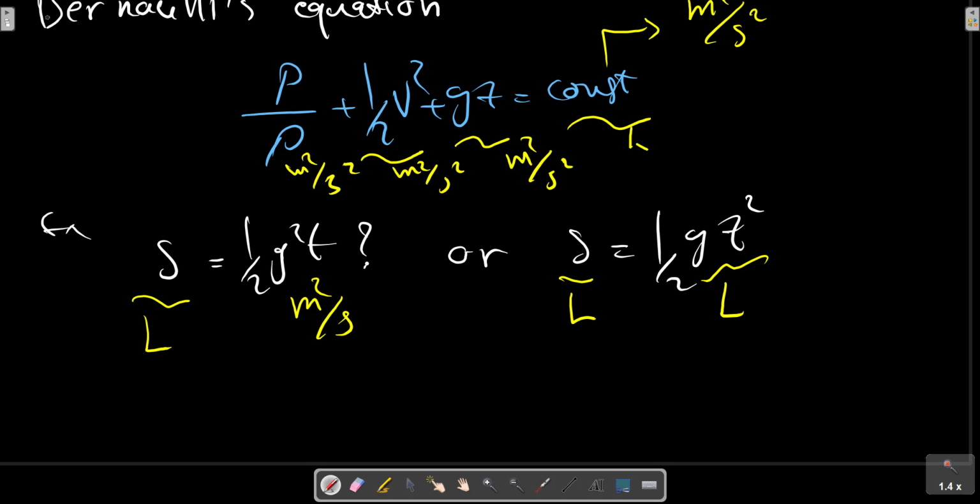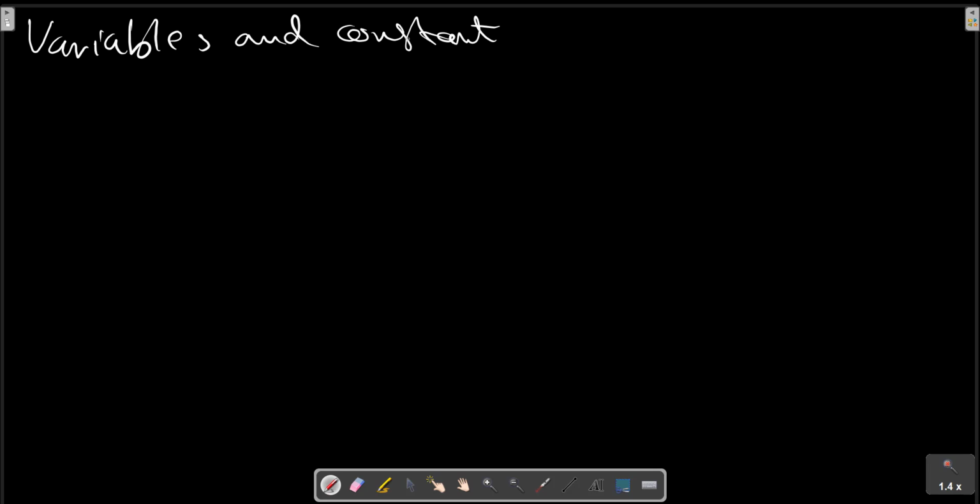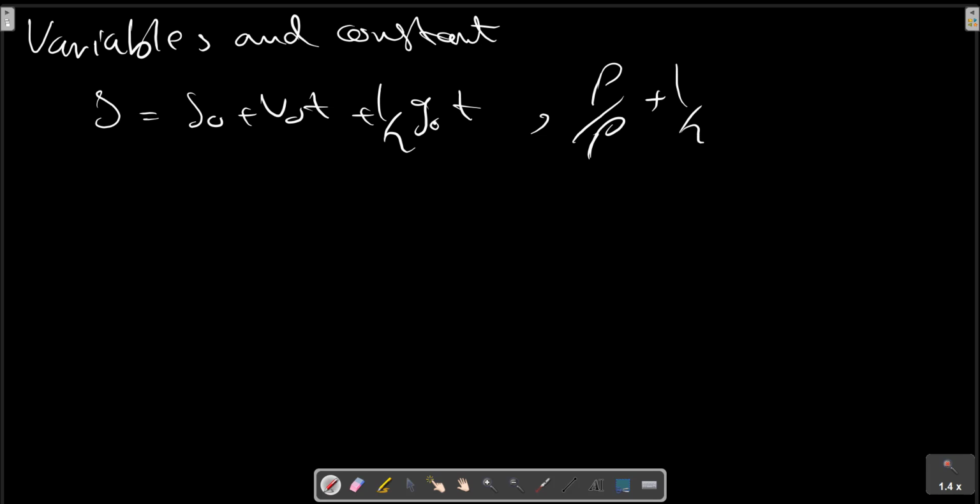Variables and constants. The equations of Bernoulli and the falling body also illustrate some other factors that often enter into a dimensional analysis.